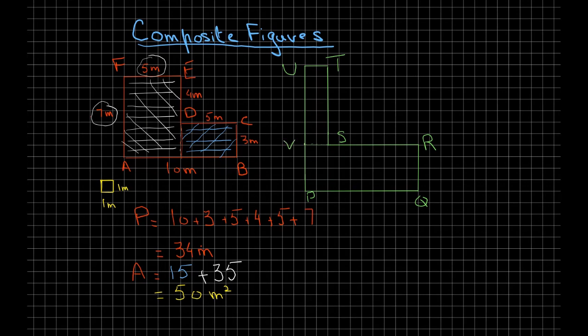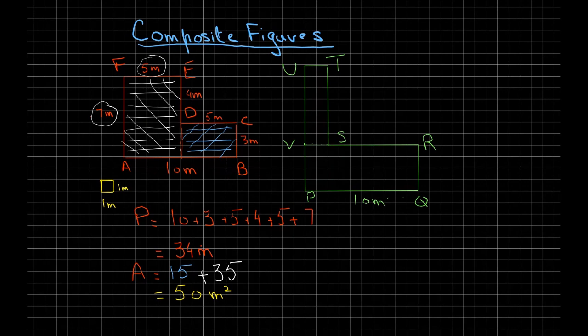So this is the point V. So let's calculate the length PQ. As I walk from P to Q, how many squares do I encounter? I encounter 1, 2, 3, 4, 1, 2, 3, 4, 5, 6, 7, 8, 9, and 10. So this is going to be 10 meters.